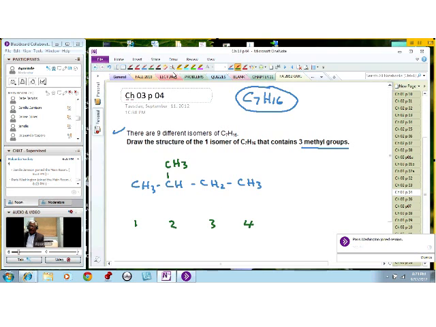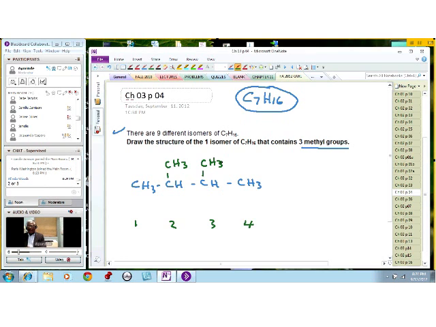Okay, so I want to place another methyl group here because they say that it must have 3 methyl branches. Okay, folks, now I have a question for you. I have one more methyl branch to go. Where will it go? Where should I put the methyl branch in order for us to meet the requirements of this question?